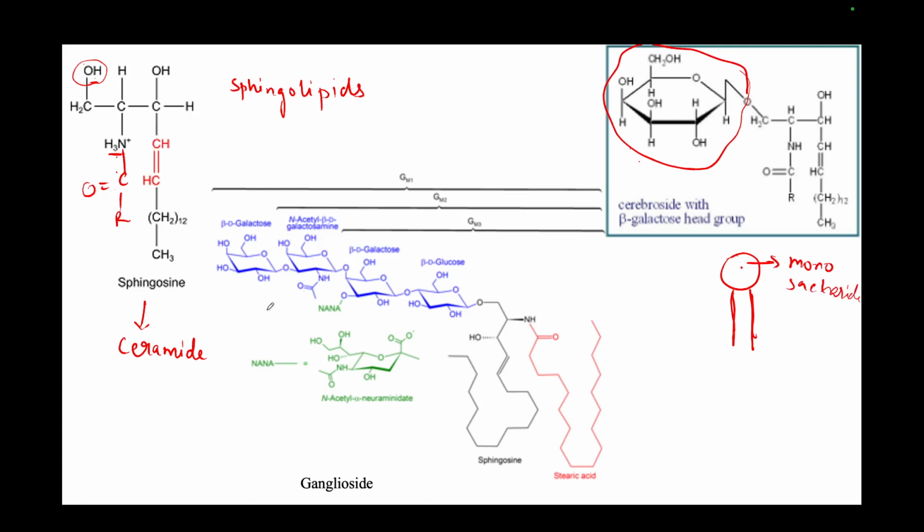Now comes another sphingolipid, ganglioside. Ganglioside also has this ceramide structure. This hydrocarbon chain is shown here with the black part.